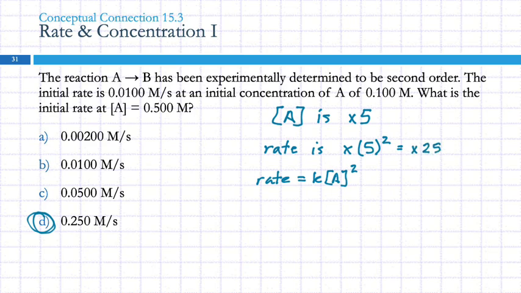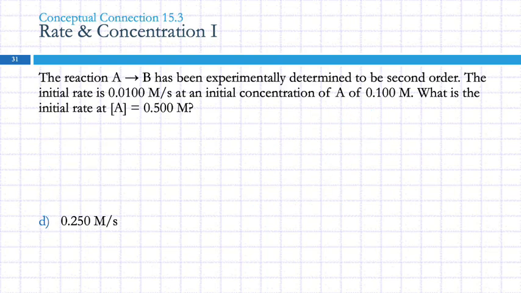And so our new rate is the original rate, 0.100, times 25. Does that help? Okay. Anybody else? Okay.